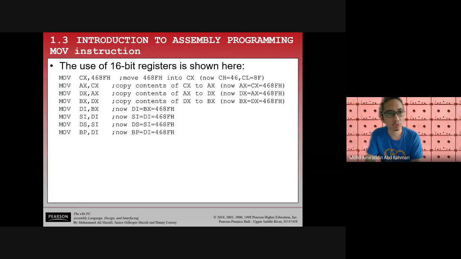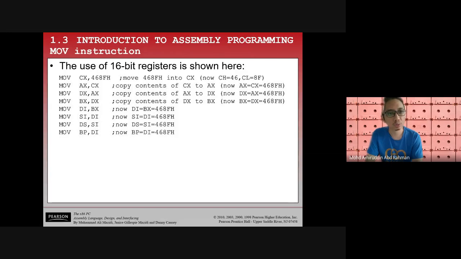DX also will be similar, and then MOV BX. Now BX will be the same as AX and DX as well. And then we have DI to BX. As you remember, it is not a problem to move between registers as long as the registers are of similar bit size.